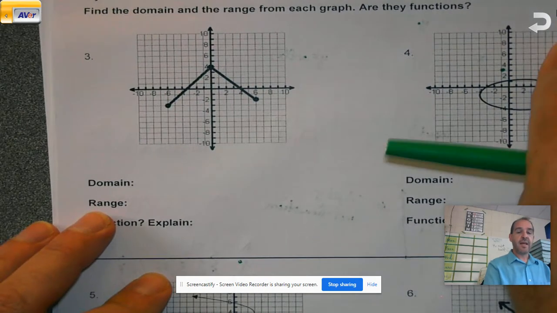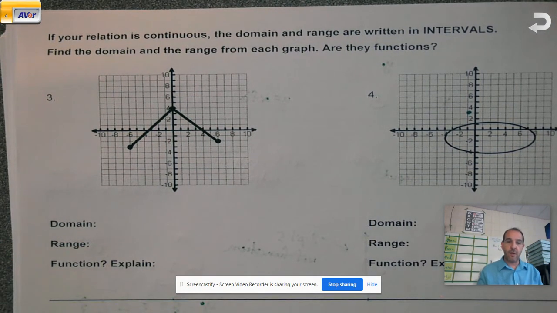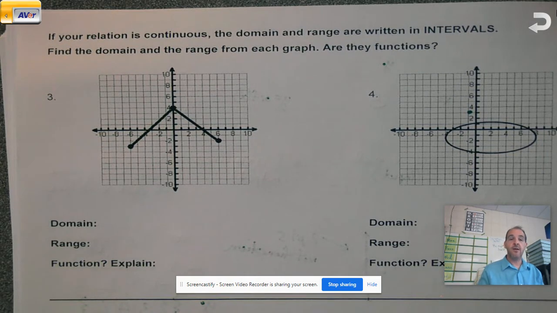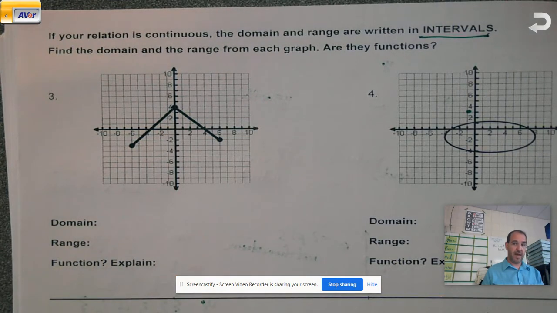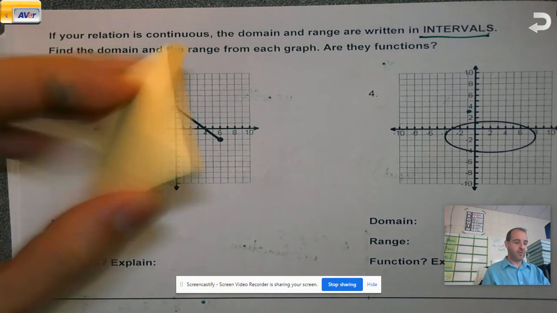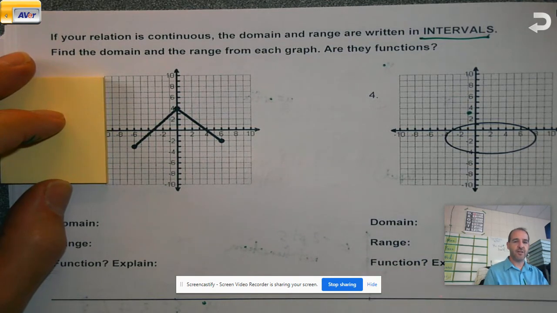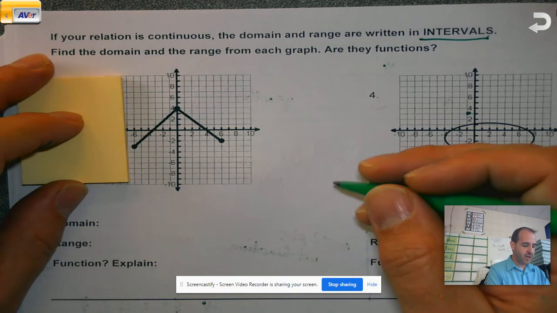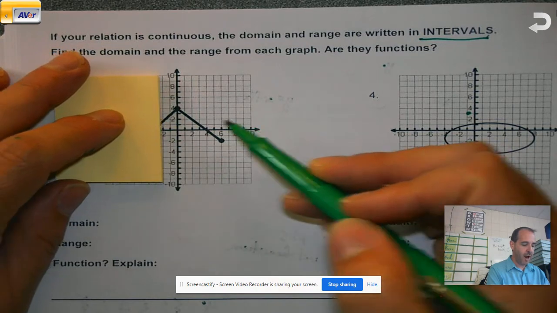Okay, now, if our particular relation is continuous, notice the dots have been connected now, and we have shapes. Okay? Domain and range are going to be written in interval notation. Not the squiggles anymore, not the braces. So, let's test for a function first. I'm going to use my little pad of these. If you had like a note card or a piece of paper, if we're going to test for this function graphically, we're just making sure at any point it's only going through 1 point on my graph.